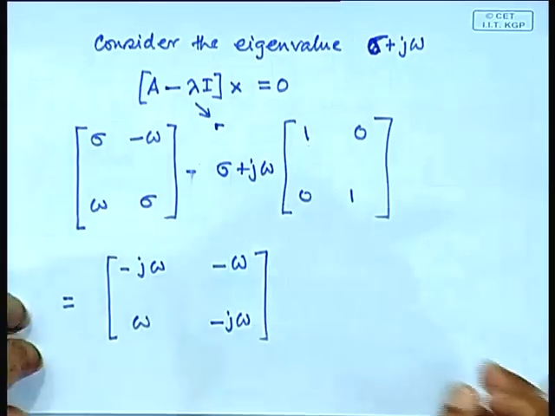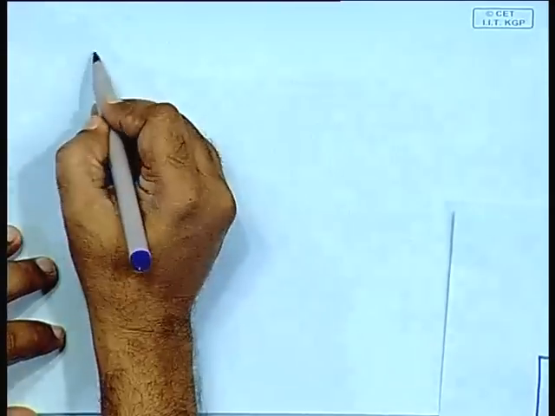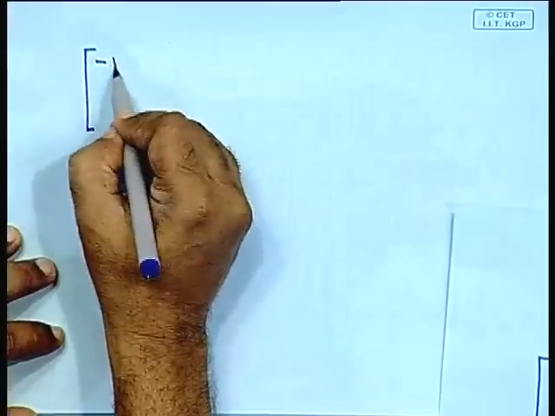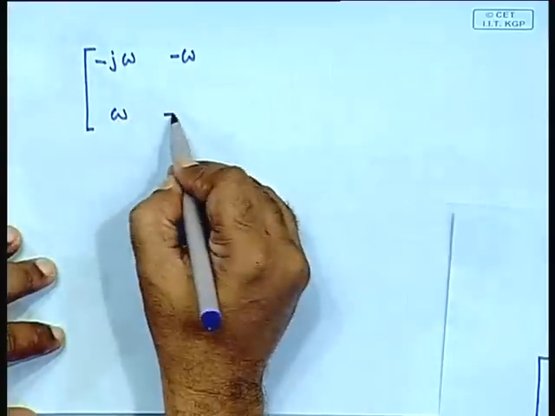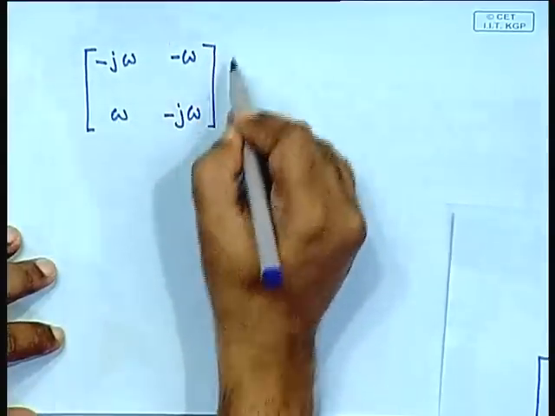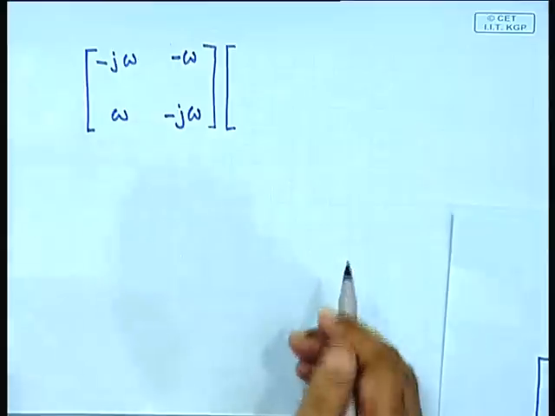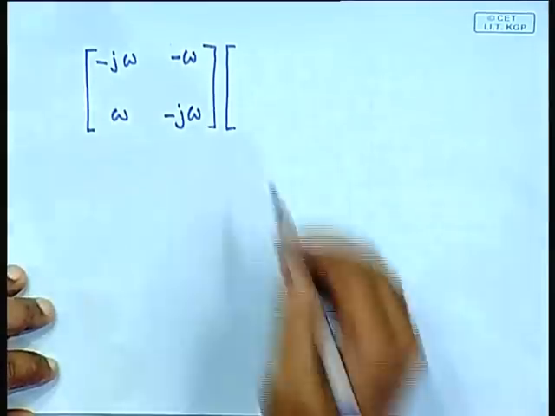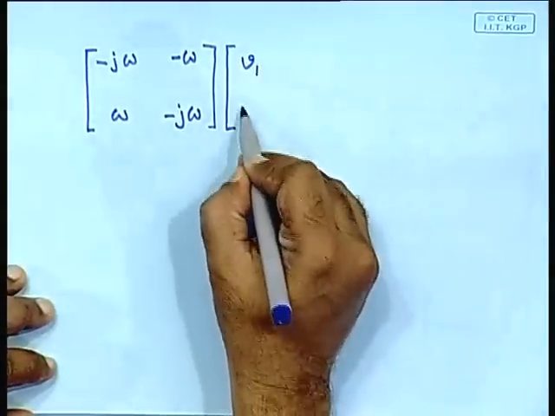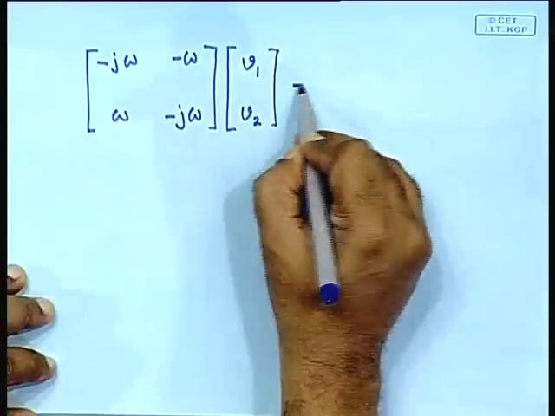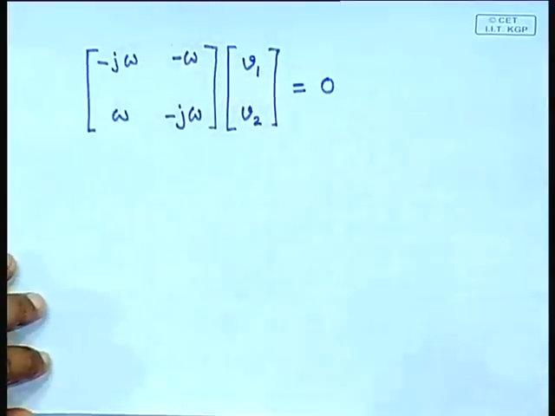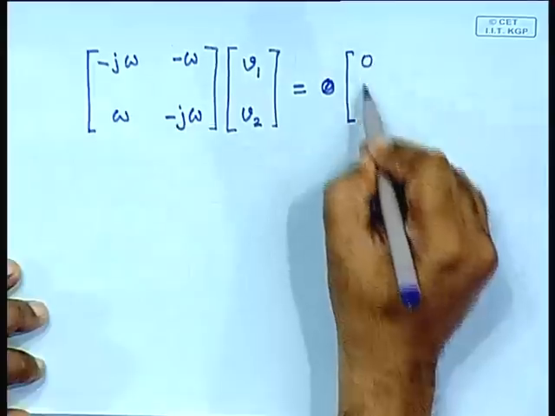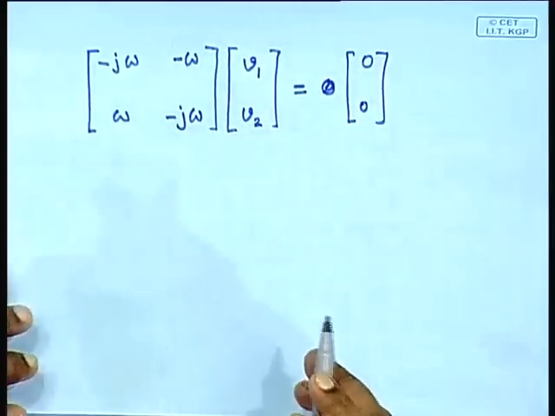So now the eigenvector equation would be: A minus lambda I, which is the matrix with rows minus j omega, minus omega and omega, minus j omega, times x, essentially. So it will be V1 and V2, the two components, is equal to 0. Zero means of course the zero vector.